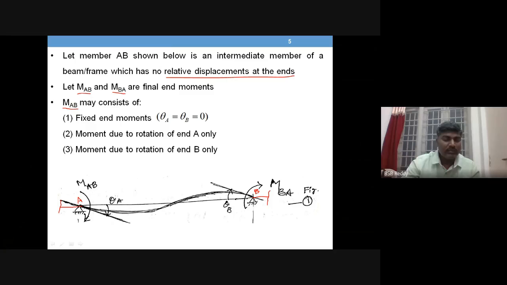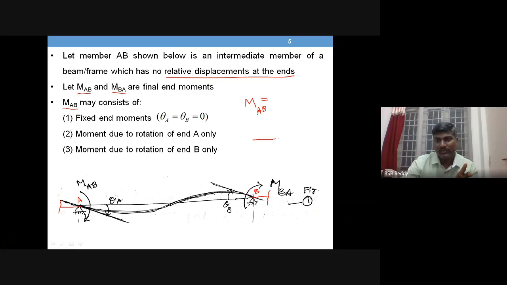So moment at A is a combination of three values. How is moment at A going to be developed? Moment at A will be developed because of loads when there are no rotations.